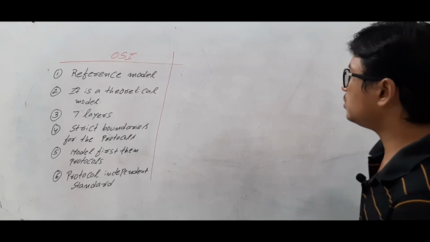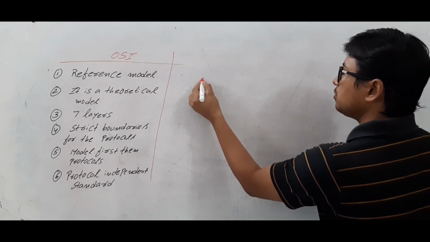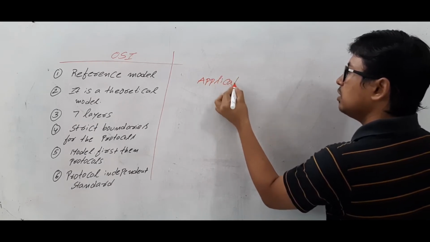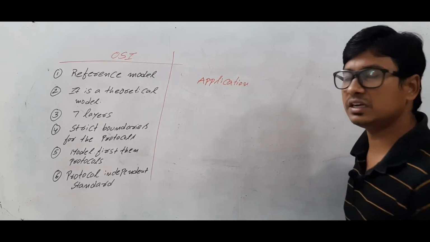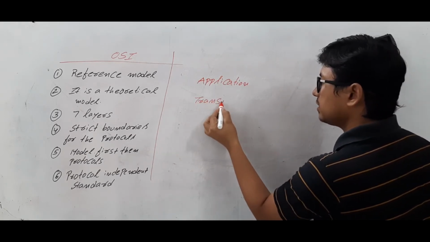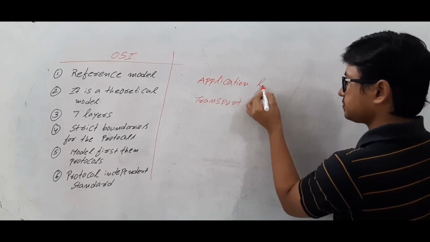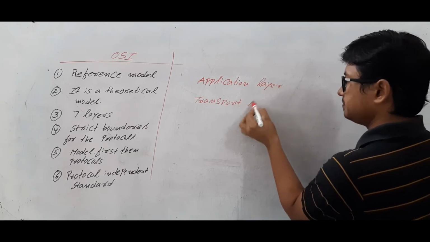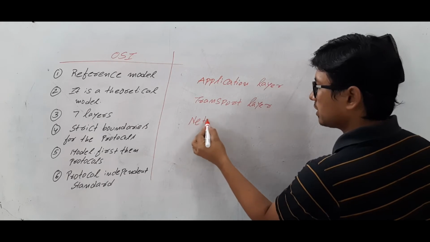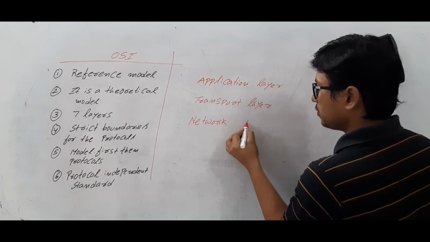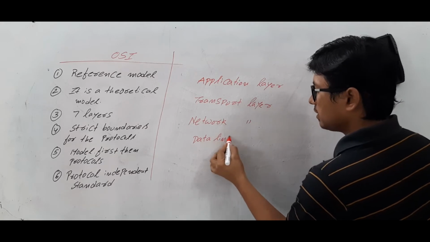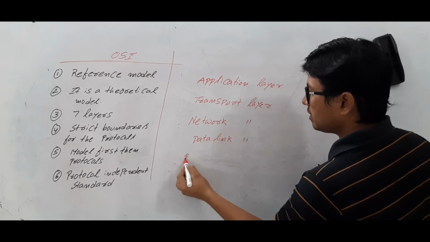As you know, we have 5 layers in the TCP/IP model: the application layer, the transport layer, the network layer, the data link layer, and the physical layer.